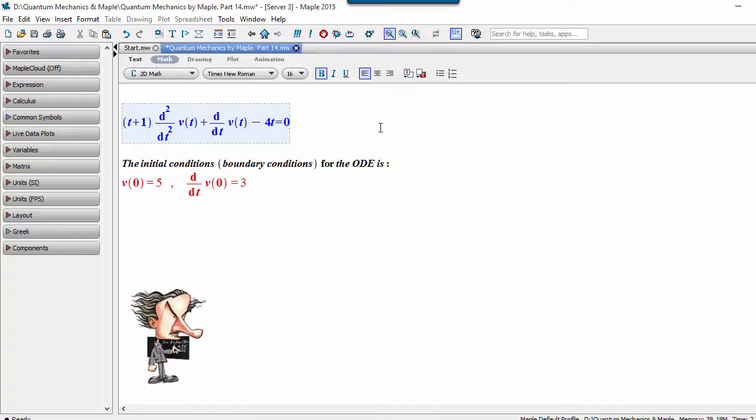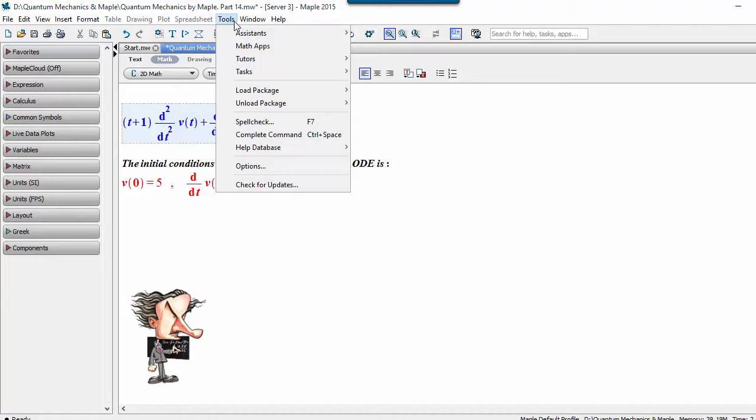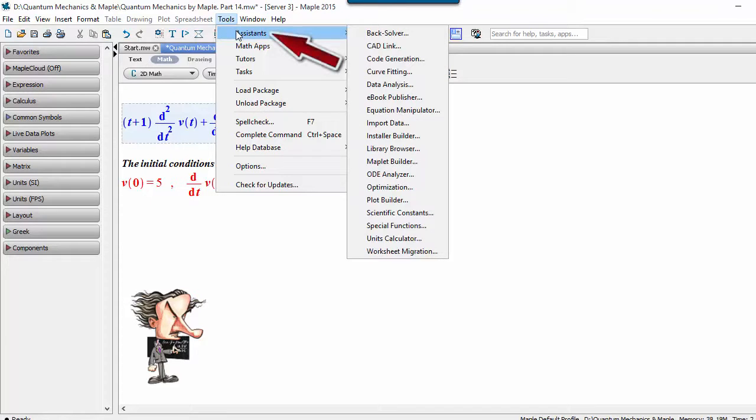As expressed earlier, the ODE analyzer assistant is a point-and-click interface to the Maple ODE solving routines. To open the ODE analyzer, from the Tools menu, select Assistants, and then select ODE Analyzer.